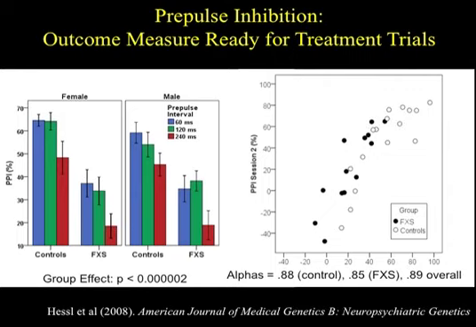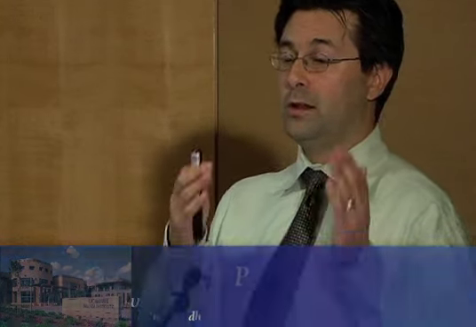But what was really the important finding was that we had really good test-retest reliability, meaning that when one person came in and had the test done the first time, then came back a couple weeks later and we redid the test, they wound up having very similar prepulse inhibition values. And that's important because if you want to use something like this as an outcome measure in treatment studies, you want it to be stable when there's no change in intervention. So we were really happy about that.